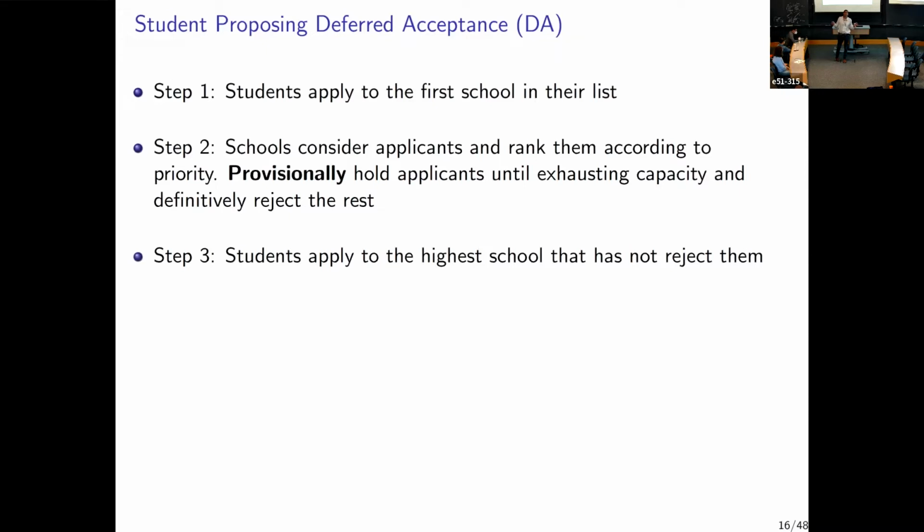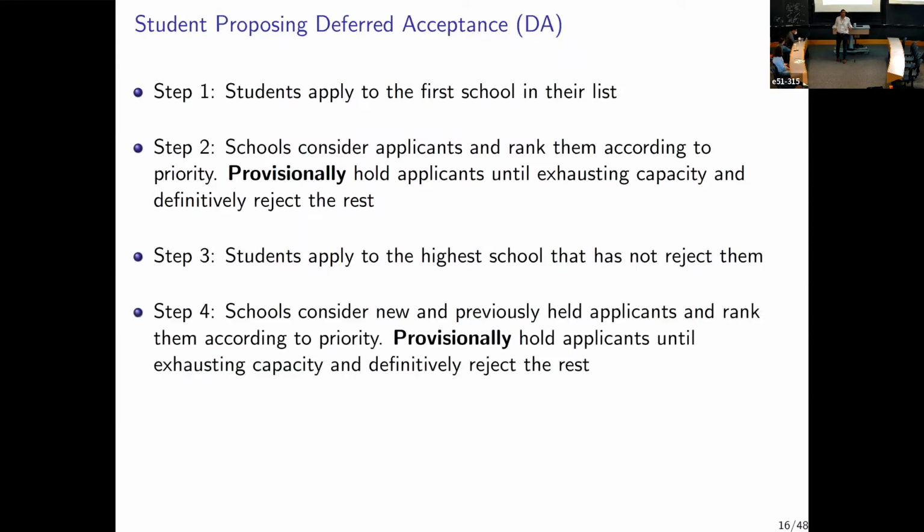Then students get their say: if a student was rejected, then it applies to the next highest school in their list, and then schools again take the new applications together with the ones that they had previously stored and rank all the students again, until they reach capacity and reject some of the students that fall below the capacity limit.